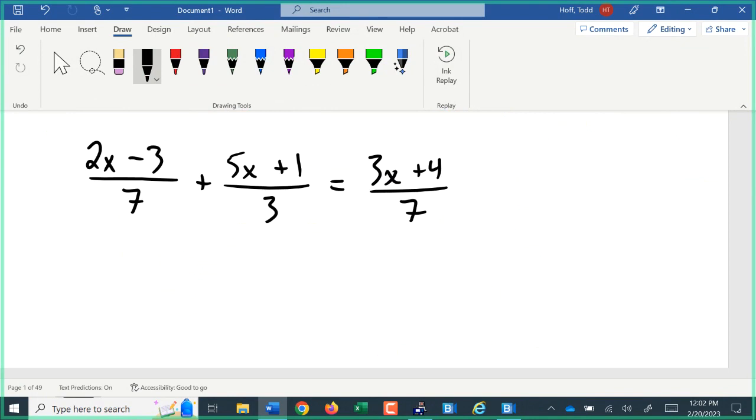Something like this would be really tough to solve without using that least common multiple, least common denominator, and getting rid of the fractions.